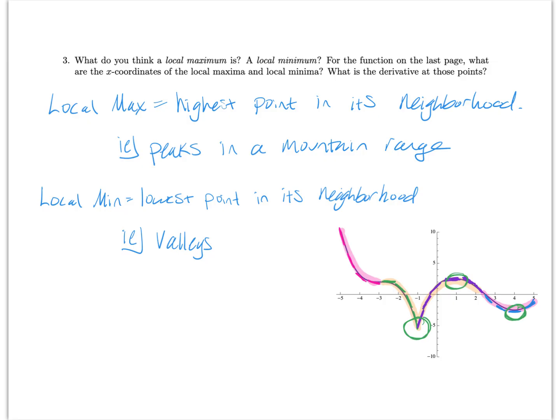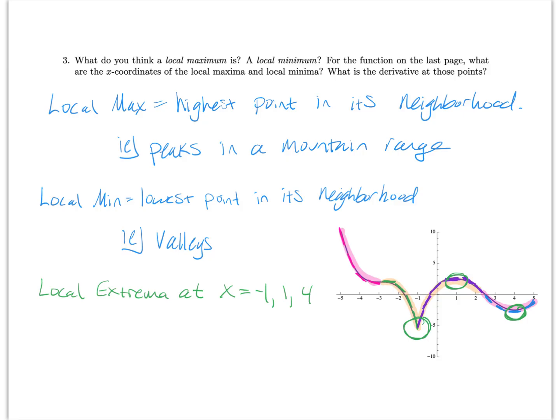So those are all the peaks and valleys. We're going to call those local extrema. And we usually just give the x values where they are. So it looks like -1, 1, and 4 are locations of local extrema.